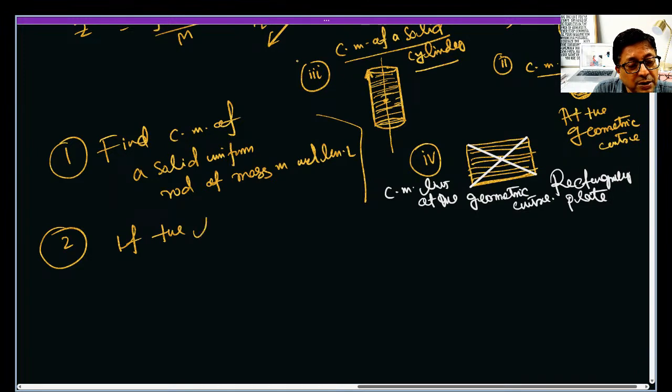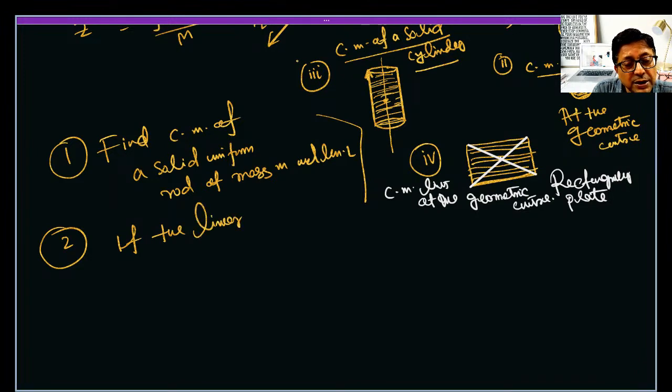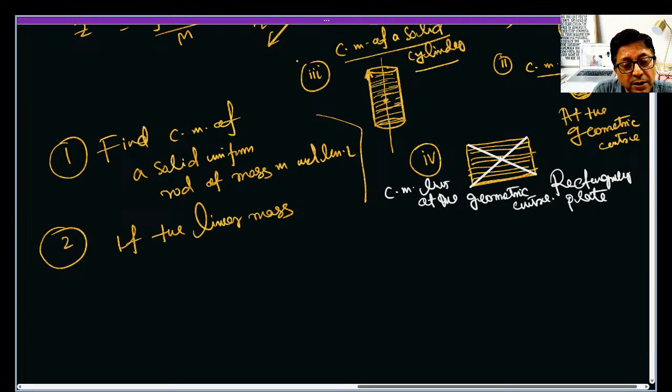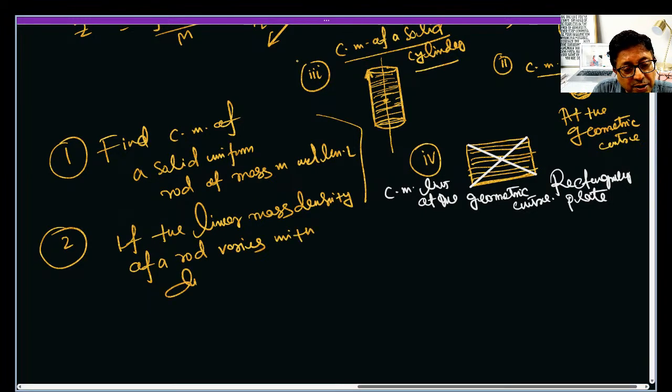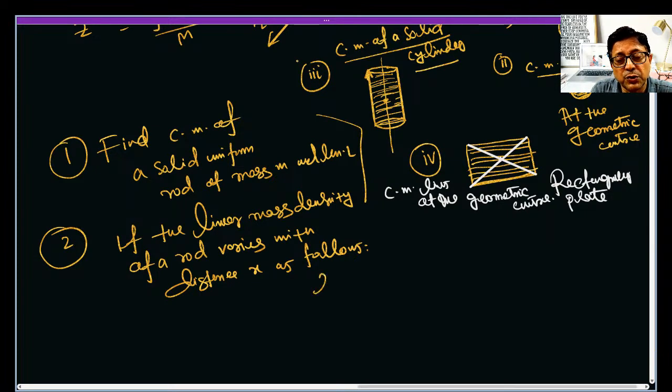If the linear mass density of a rod varies with distance x as follows, rho is the linear mass density.